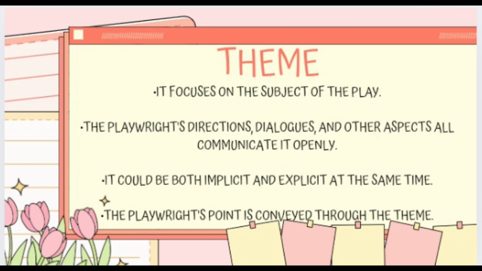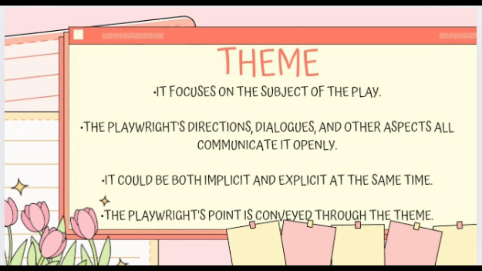So class, when you say theme, it refers to the central topic or underlying message of a play. It is what the play is really about at its core, such as love, freedom, betrayal, or justice. So the subject of the play is what the theme focuses on.